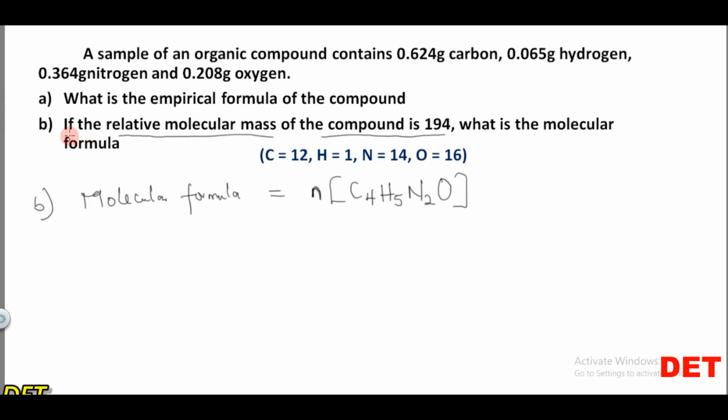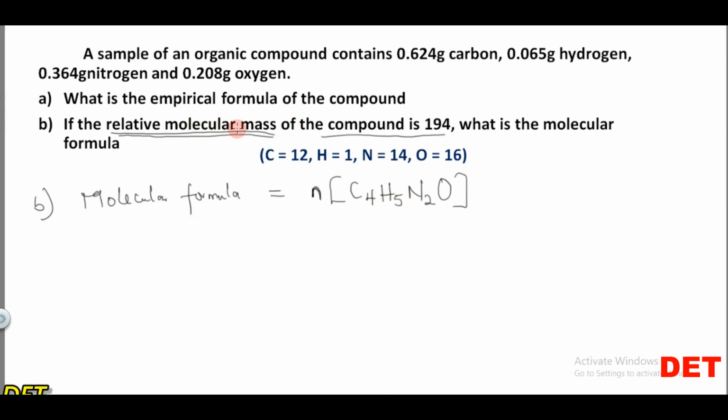So again the question is, if the relative molecular mass of the compound is 194, and you should know that the relative molecular mass of a compound is the sum of the relative atomic masses of the elements in the compound.